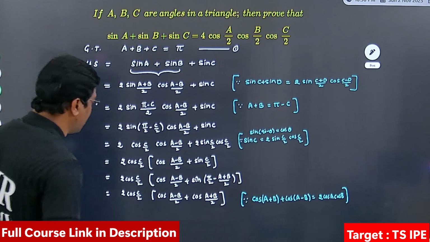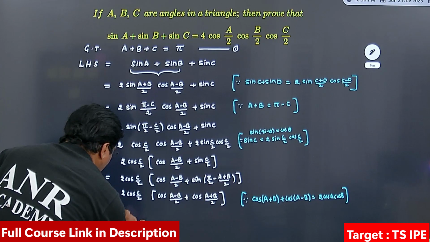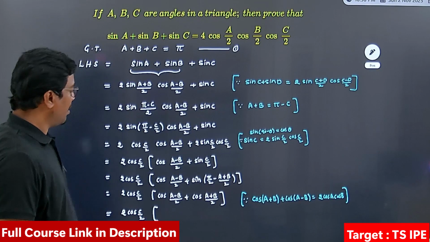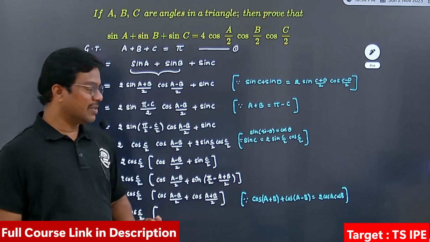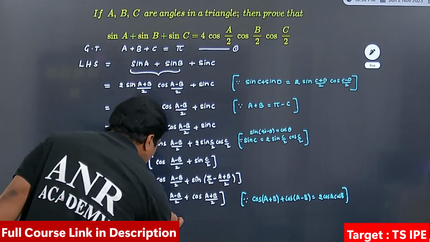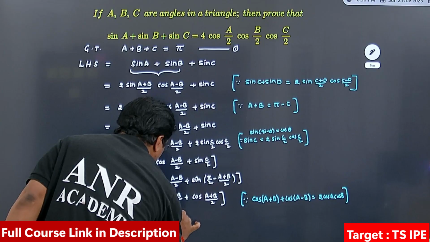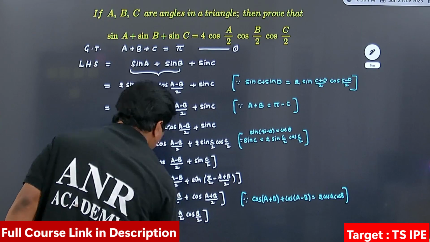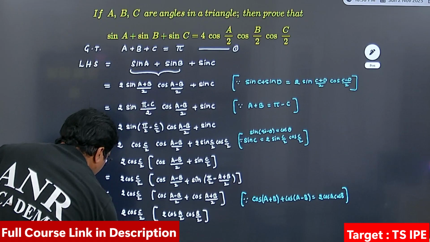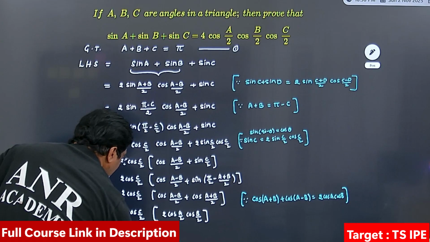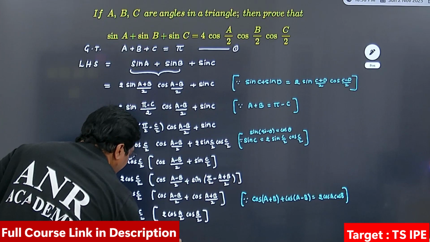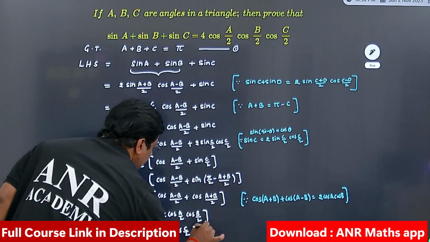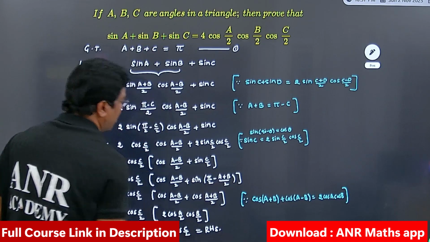So that I can say 2 times cos C by 2 which is multiplied by, applying the cos (A plus B) plus cos (A minus B) formula, we get 2 times cos A by 2 cos B by 2. Therefore 2 into 2 is 4, all cosine angles: 4 cos A by 2 cos B by 2 cos C by 2. This is your RHS part.